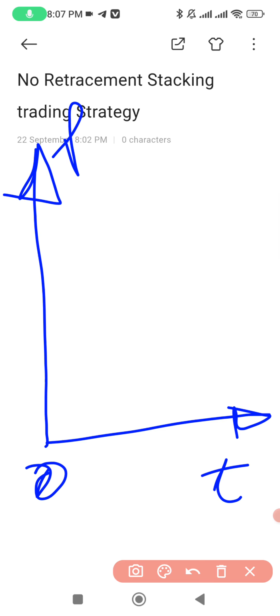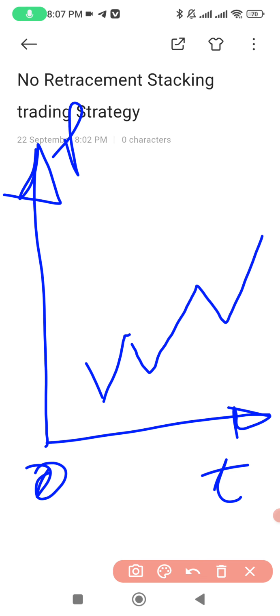So if a market is going in an uptrend, it first makes some little pullback and then goes up. Then pull back, go up, and then pull back, go up, and then it can range at certain points.